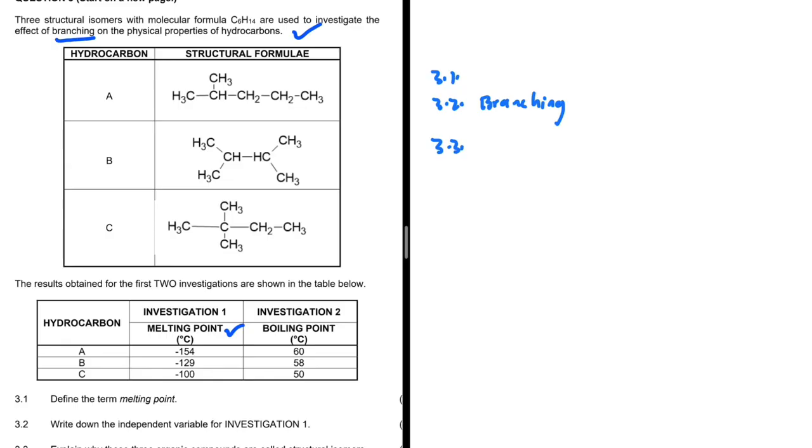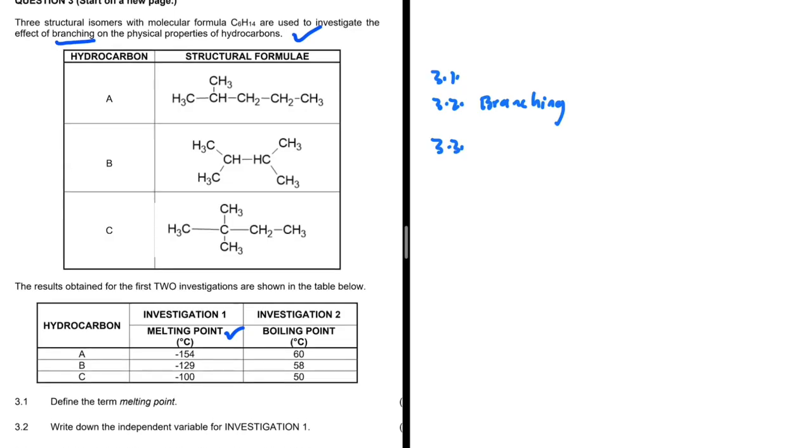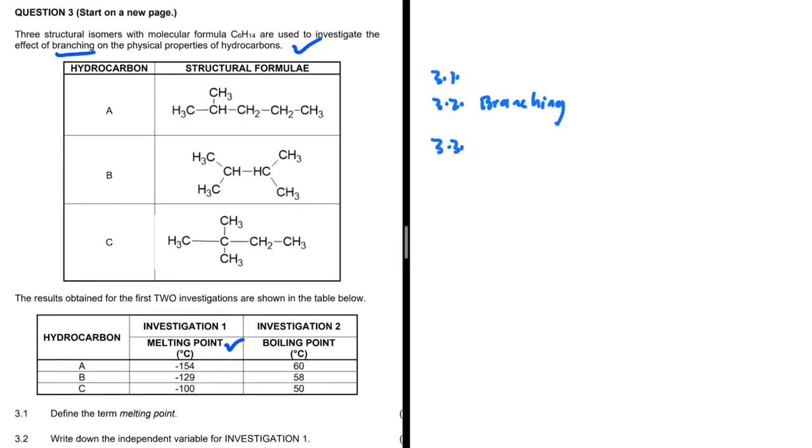As you can see, it is even said to us that 3 structural isomers with the molecular formula C6H14. So they have the same molecular formula, which is C6H14. So same molecular formula, but different structures.